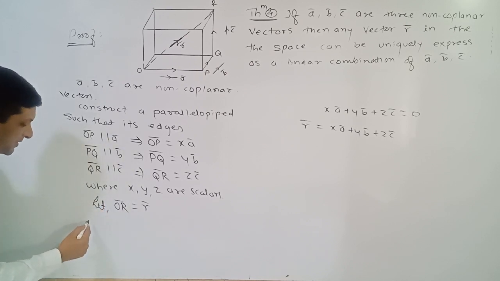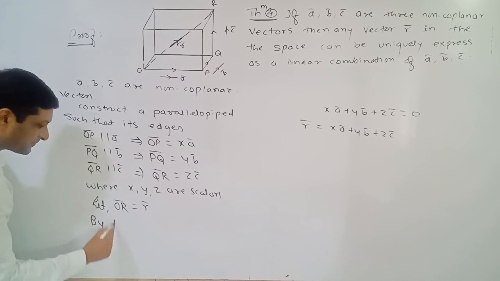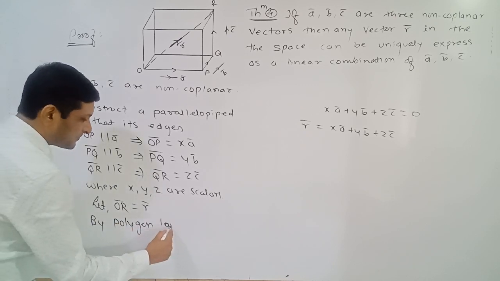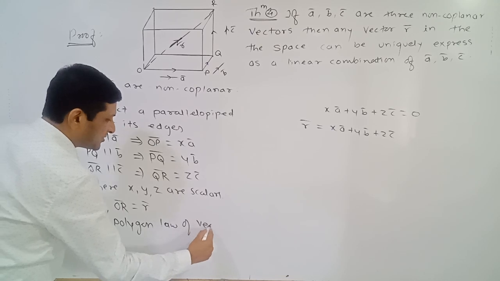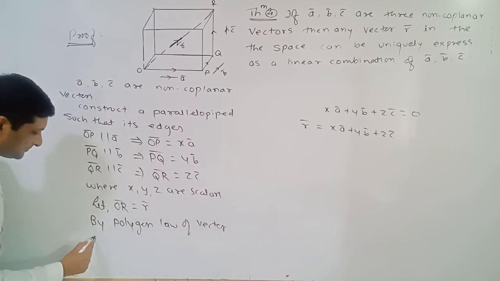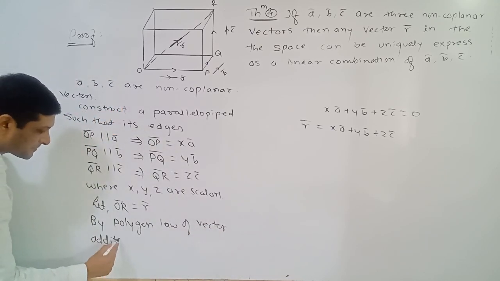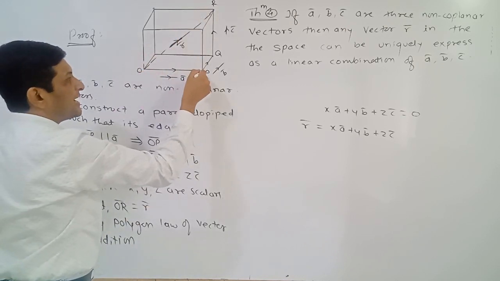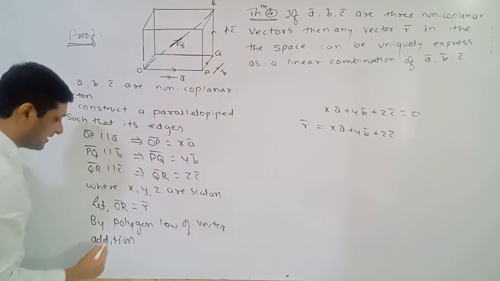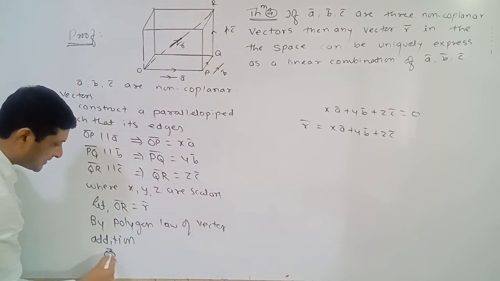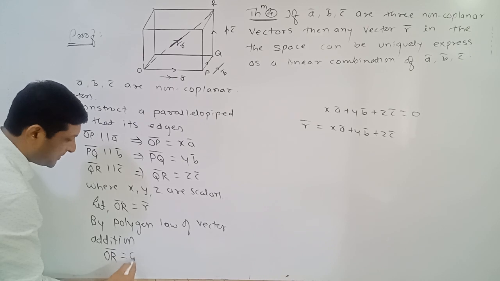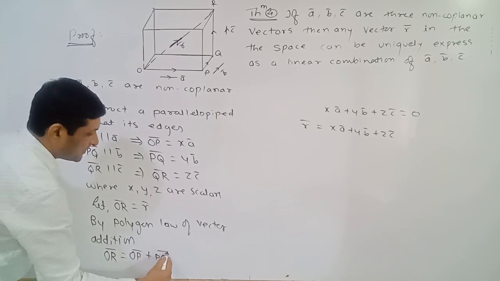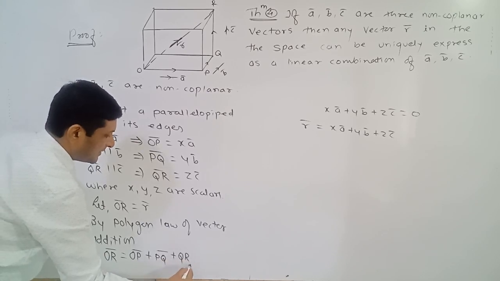By the polygon law of vector addition, OR bar is equal to OP bar plus PQ bar plus QR bar.